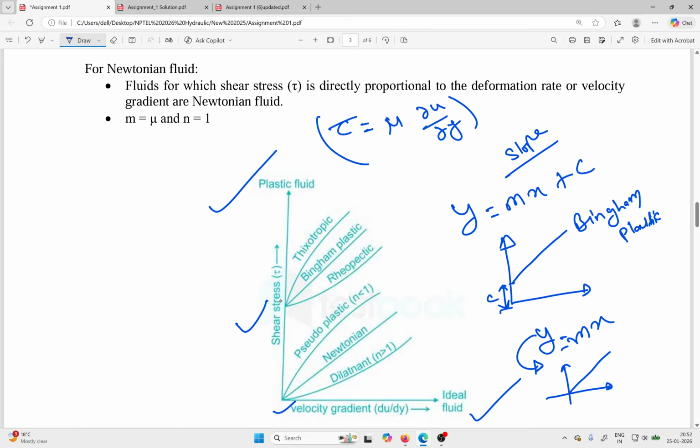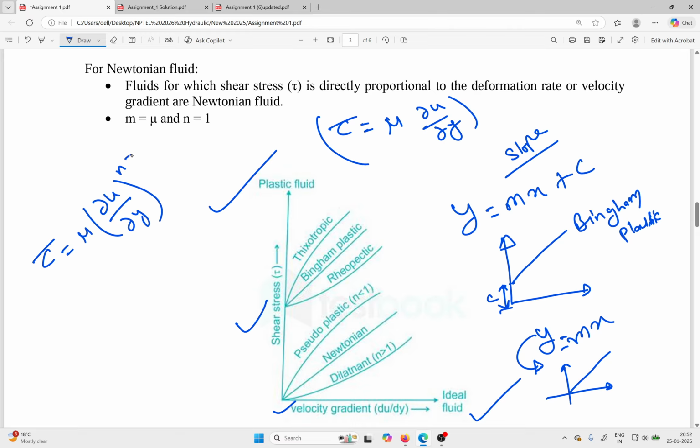Remember this. This is your thixotropic, this is your rheopectic, and this is your dilatant, this pseudoplastic. Dilatant, n greater than 1. Means your tau is equal to mu del u by del y to the power n, and here n is greater than 1.